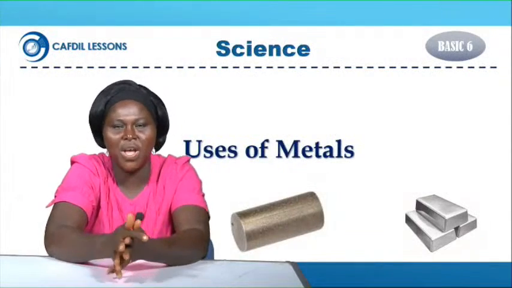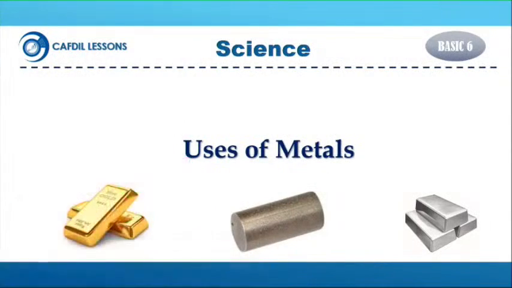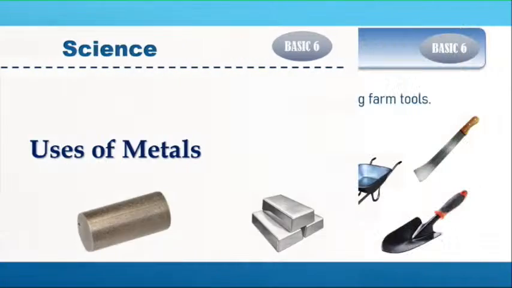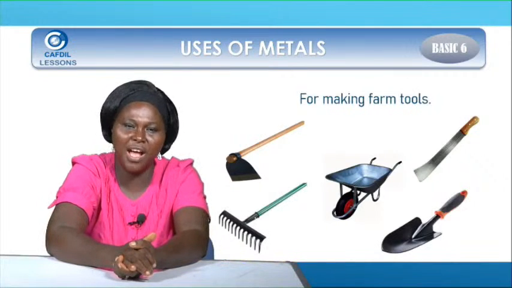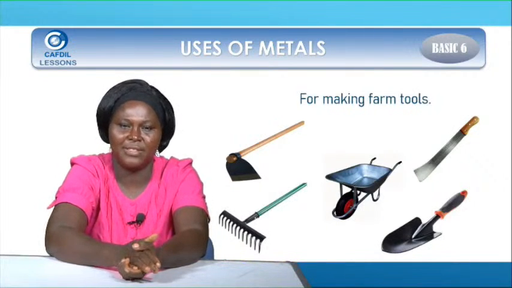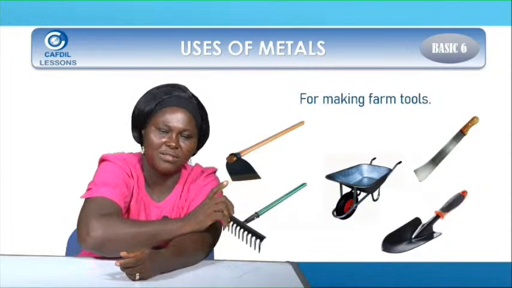Let's continue our lesson. Now we have looked at physical properties of metals. Let's look at uses of metals. Now what do we use all these metals we have learned for? Now we have on our screen some tools.